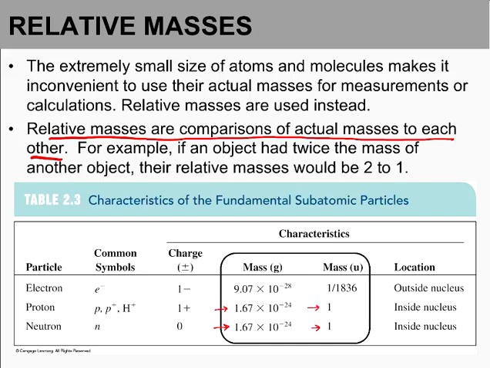But then if we look at the mass of an electron, it's much, much less than the masses of the proton or the neutron. So its relative mass is actually 1 over 1,836. Now, as another example, if an object had twice the mass of another object, their relative masses would be 2 to 1. So relative masses are much easier to use.